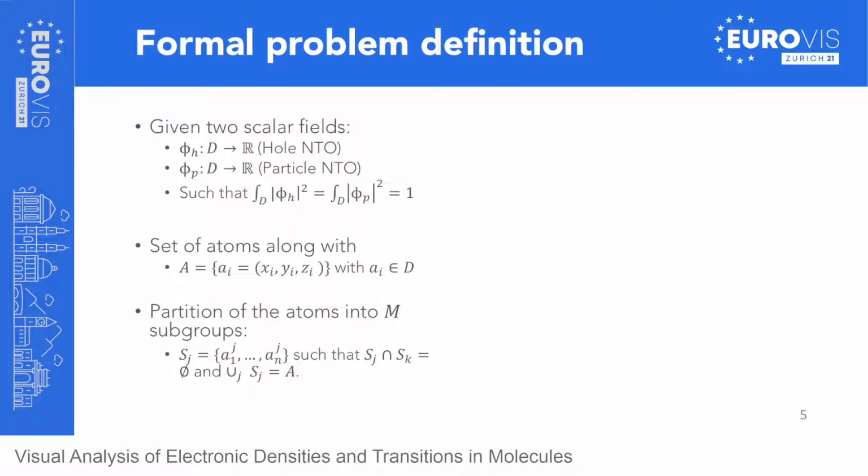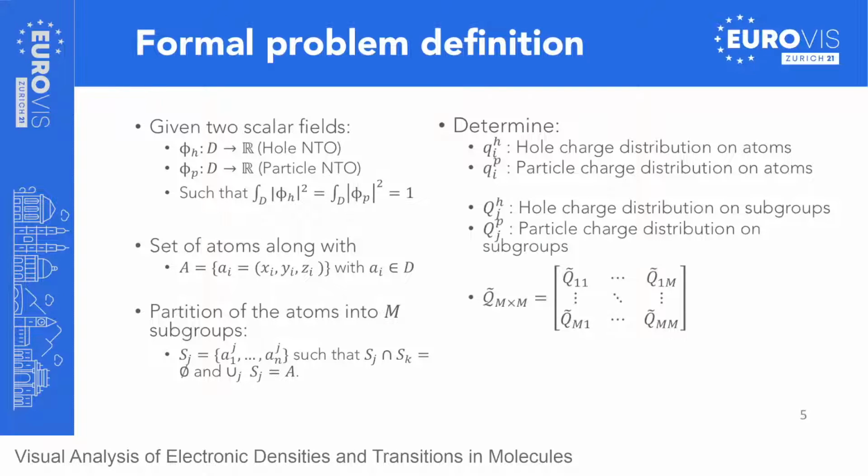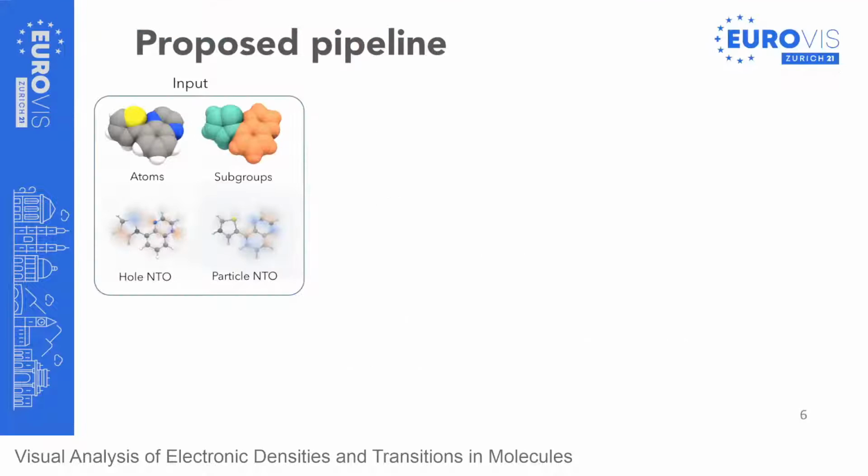Along with these two scalar fields, we are also given the set of atoms corresponding to the molecule and the partition of the atoms into m subgroups. Now the problem boils down to determining the distribution of charges at atomic level, the distribution of charges at subgroup level, and also the charge transfer between subgroups, which is represented as a matrix shown here.